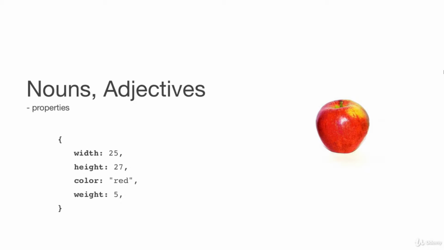These are nouns, but they're not good enough to describe the entire object. You also need the adjectives as well, such as the string red. So when we combine the adjective red with the noun color, we know that now we have a red apple. These key and value pairs, or nouns and adjectives, are called properties.